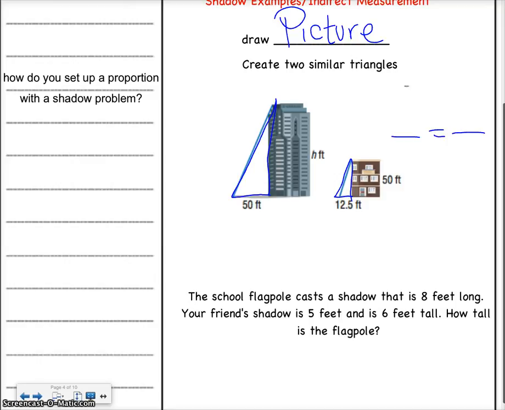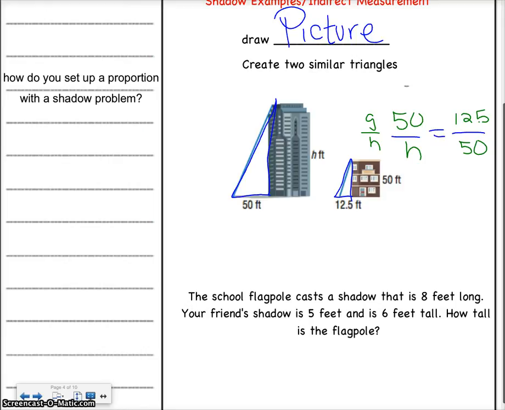So, let's say that, well, what are my two triangles? I'm going to start with 50. Or you could start with 8 or whatever. You could start with any of the numbers. I'm choosing 50. 50 is to what? What do you want to do? 8. You want to do the ground is to the height as ground is to height? Okay. 50 is to 8, so you're doing ground is to height, as 12.5 is the ground is to 50.